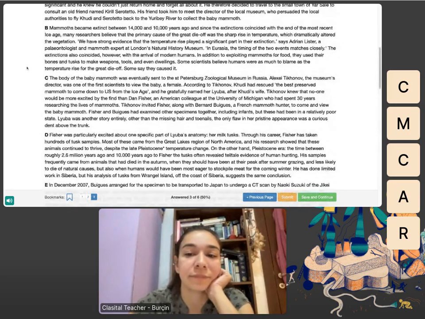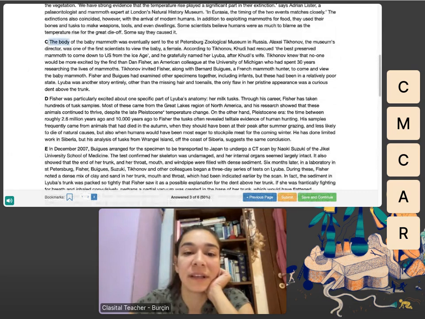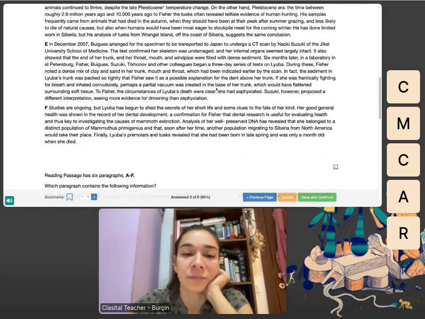C. The body was eventually sent to Petersburg. Alexei Tikhonov, the museum's director, was one of the first scientists to view the baby, a female.